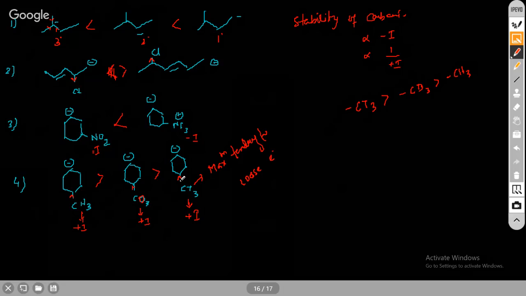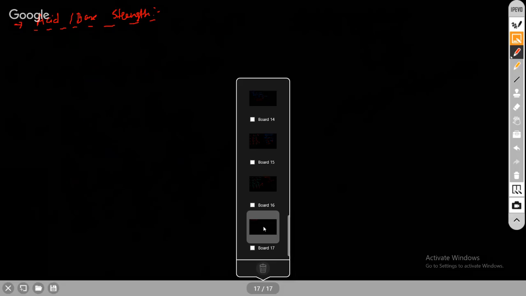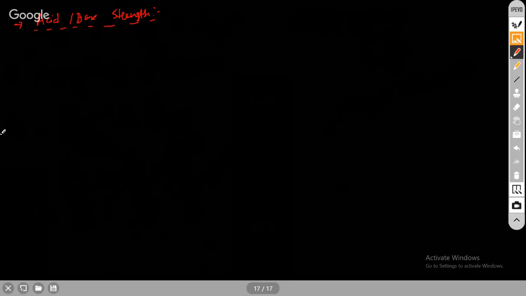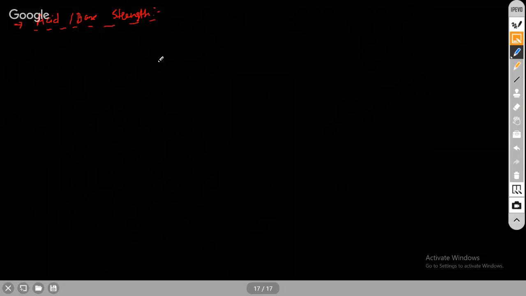Okay, now you see the acid base strength. In organic chemistry, like I said, the acidic strength we define by the tendency to lose H plus ion. However, we have two, three more definitions of acid with respect to the lone pair and all. But in organic chemistry, acids are those compounds which lose H plus ion in water.